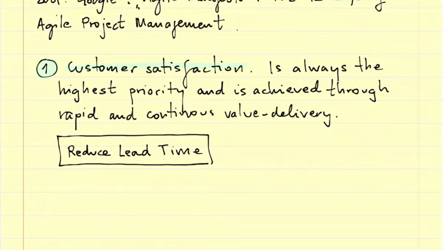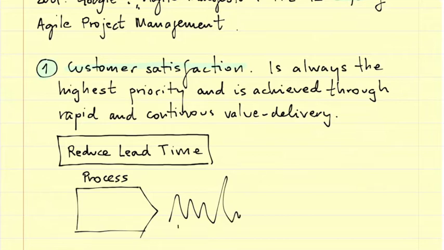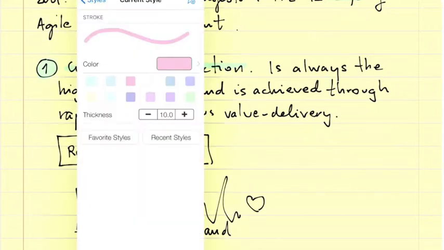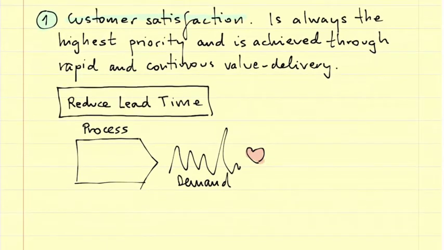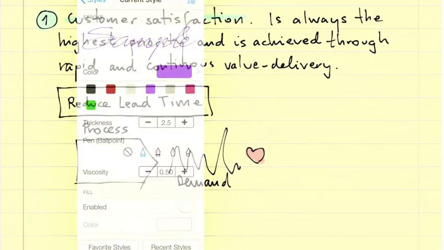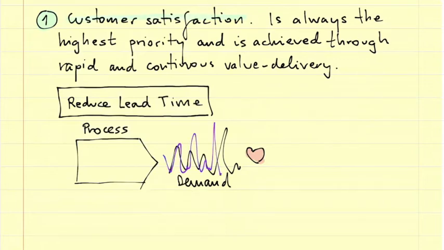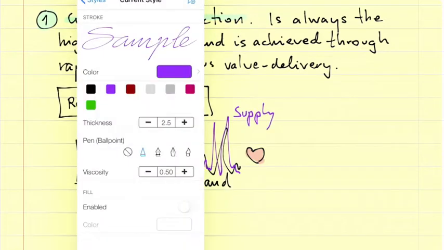We have seen already that a process tries to meet customer demand. This is the customer demand, like a heartbeat of a customer. And we have a supply that tries to keep up.